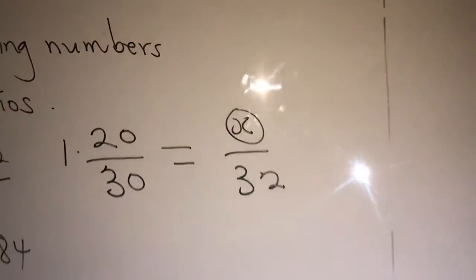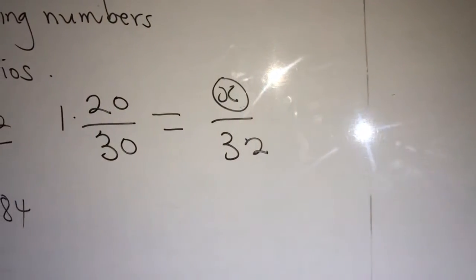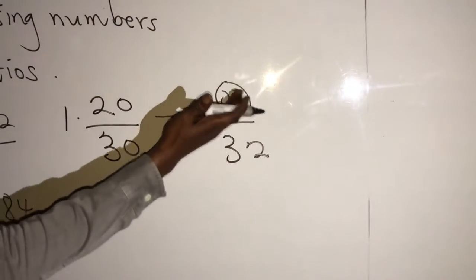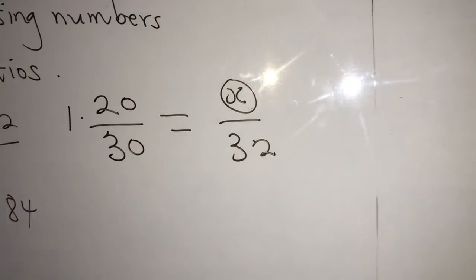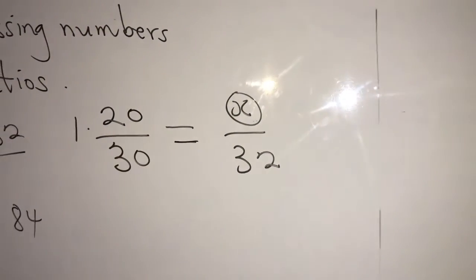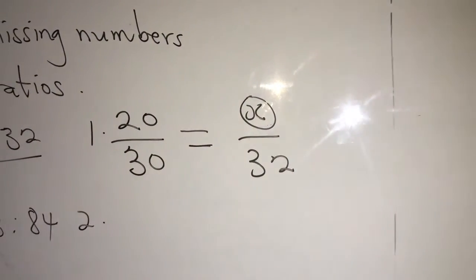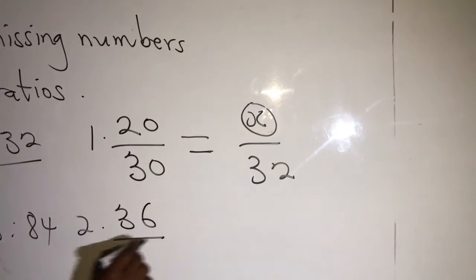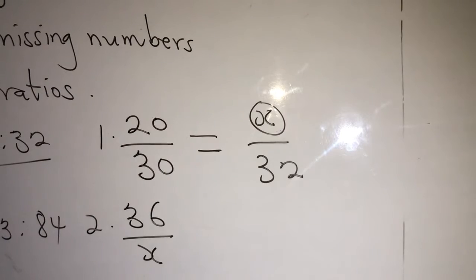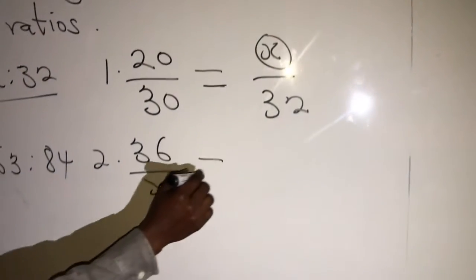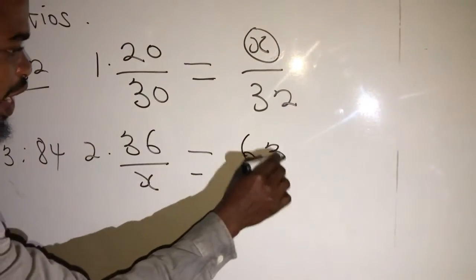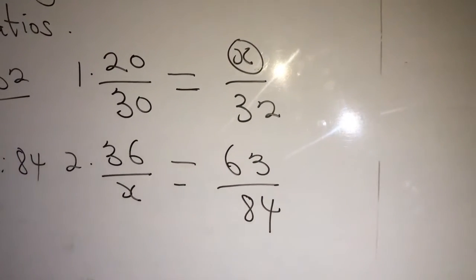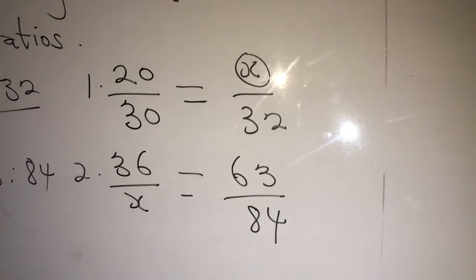They said 20 out of 30 equals x out of 32, so we have the equal sign here. Then number 2 is 36 out of x equals 63 out of 84. This is how we arrange the ratios.